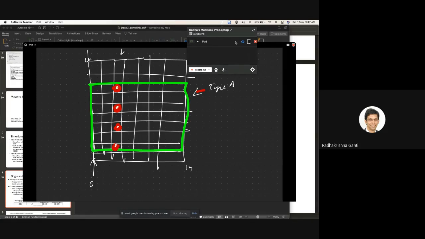There's something called double symbol DMRS in which DMRS will be like this. Okay, so DMRS is there in the adjacent symbols. This is called the double symbol DMRS.